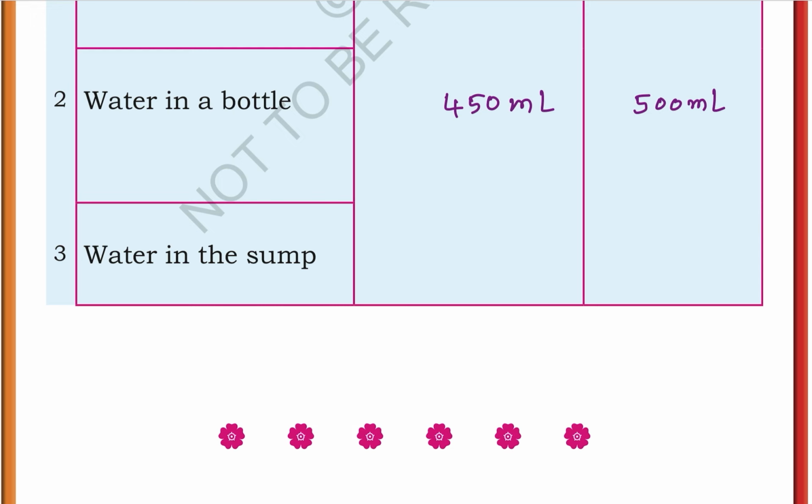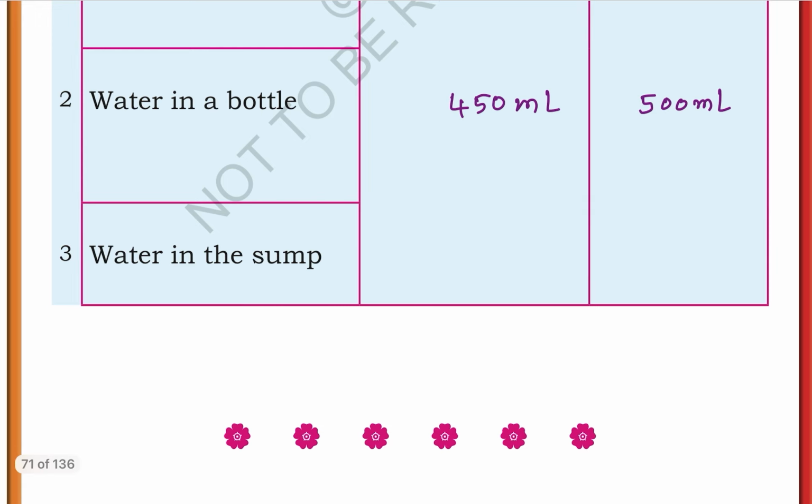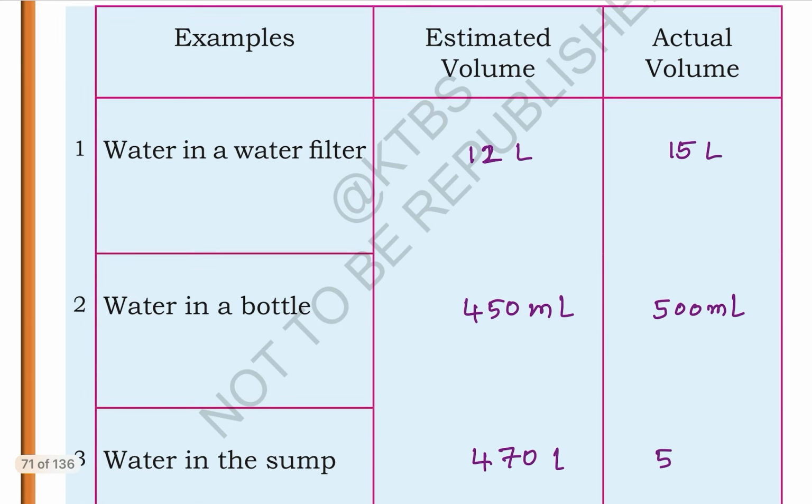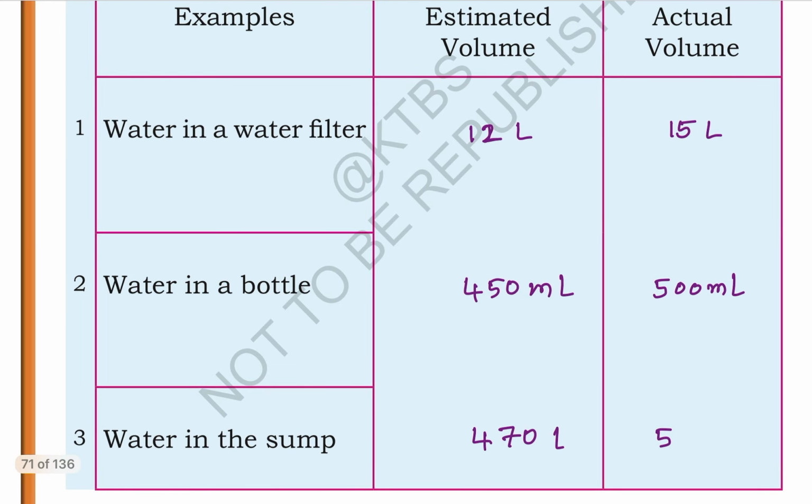Water in a sump, if I estimate 470 liter, the actual volume is 500 liter. Okay, hope you understand this.